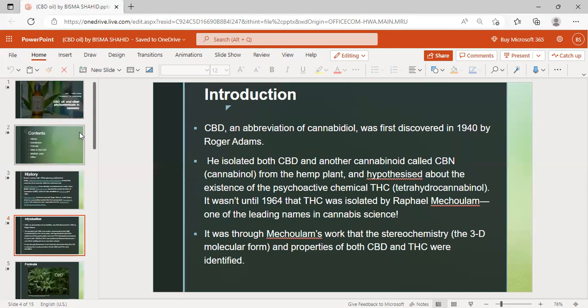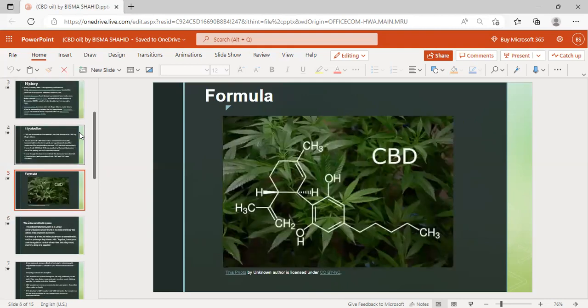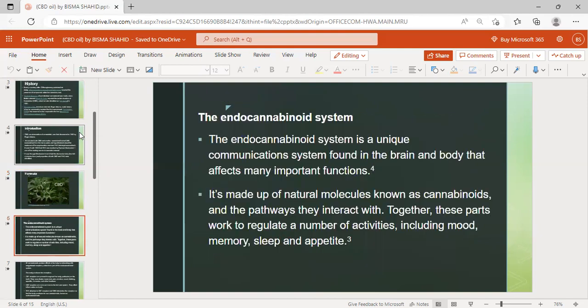It was not until 1964 that THC was isolated by Raphael Mechoulam, one of the leading names in cannabis science. It was through Mechoulam's work that the stereochemistry, the 3D molecular formula and properties of both CBD and THC were identified. The formula of CBD, and then I'm moving toward the endocannabinoid system.